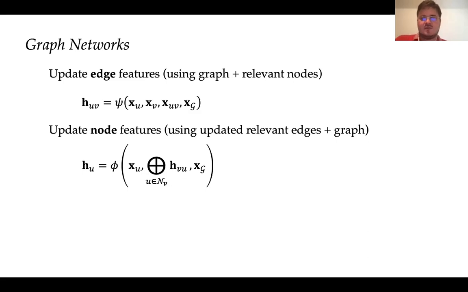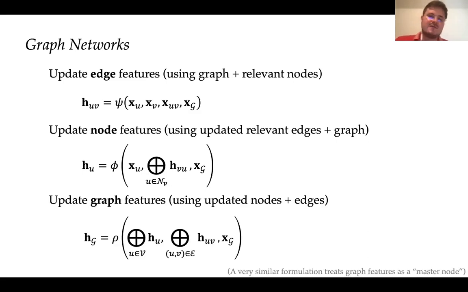And finally, we put the graph features in once again, because in principle, the graph features can condition everything. You can even think of them as one node which is connected to all the other nodes, and it stores the features for the entire graph. And finally, once we have updated both the nodes and the edges, we can now use those to update the features on the level of the entire graph.